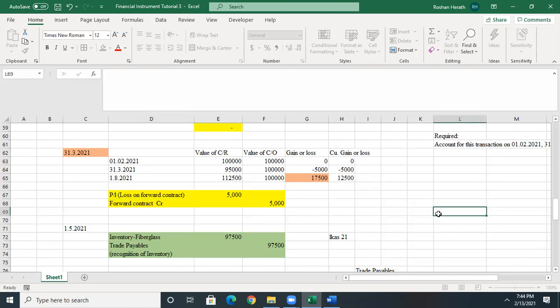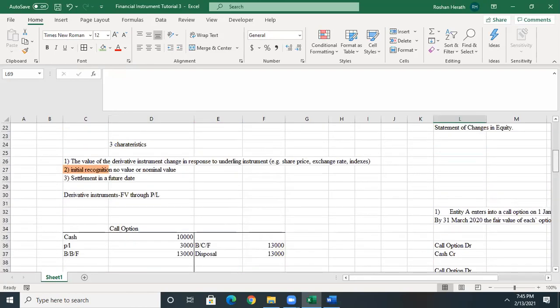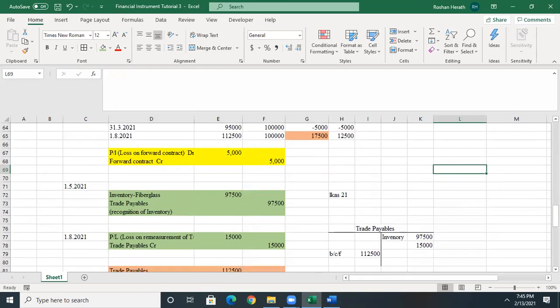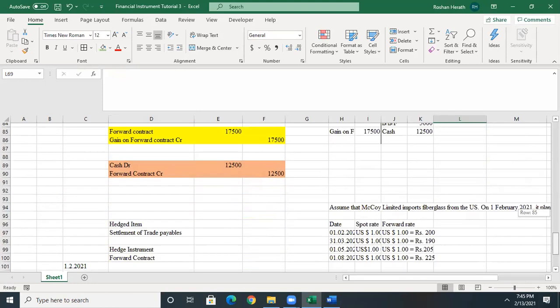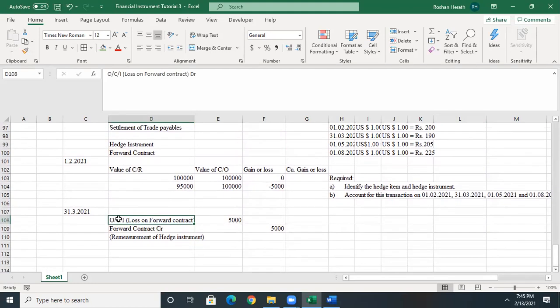Because, under normal circumstances, the derivative is fair value through profit or loss. But if it is in case of a cash flow hedge, right, the gains and losses until you recognize the hedged item you take to the OCI. In the sense, it goes to the reserve as well, that is the cash flow reserve.